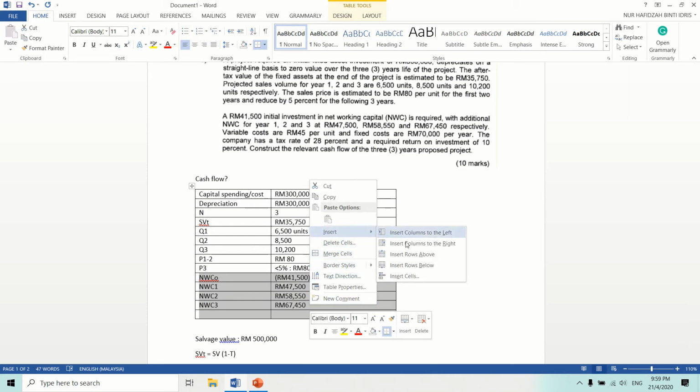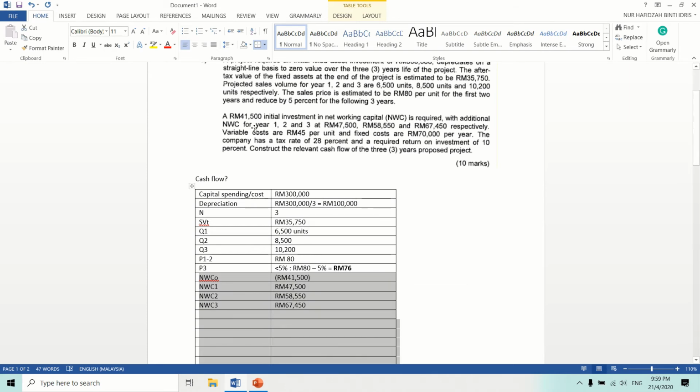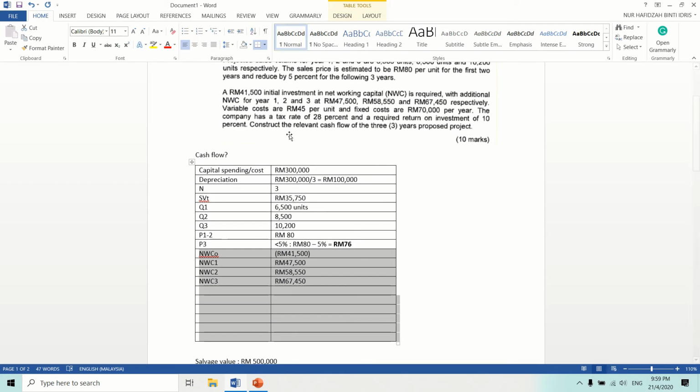The next information: variable costs are 45 ringgit per unit. It does not mention variable cost for year 1, year 2, and year 3 separately, so that means the variable cost from year 1 up to year 3 is 45 ringgit.